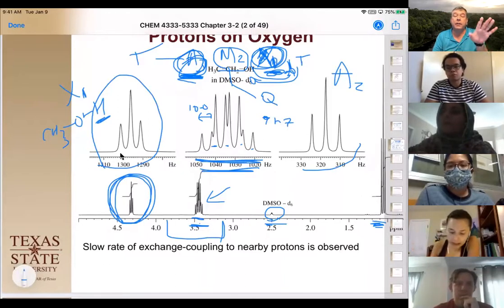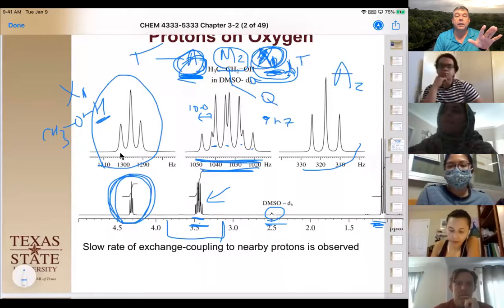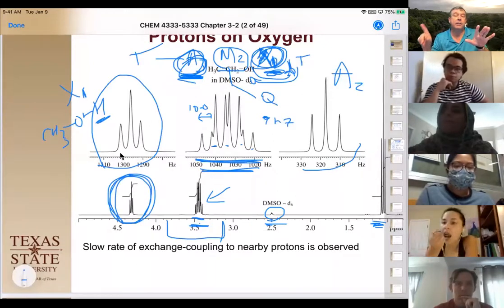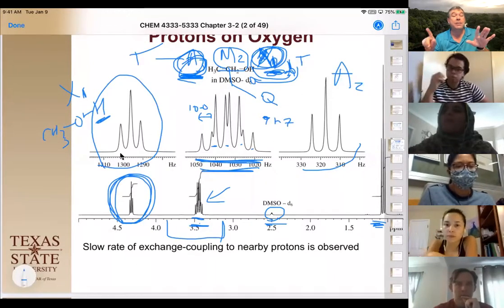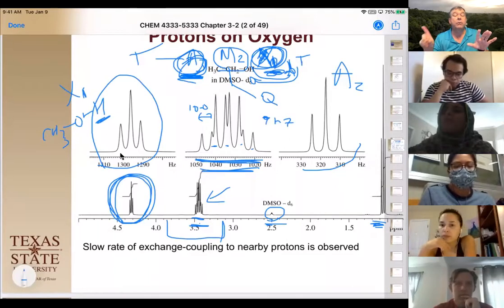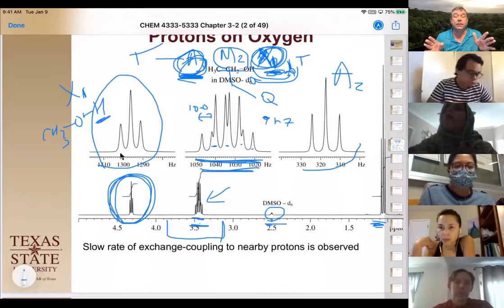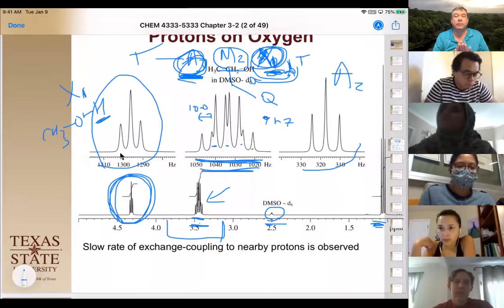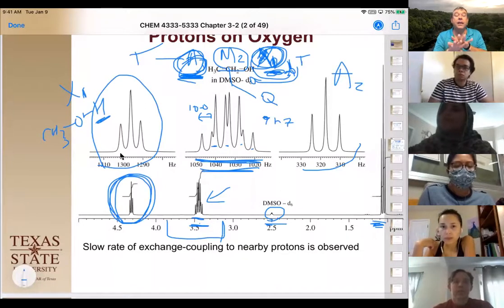However, the coupling constant for the hydrogens on the carbon is between 10 and 15 hertz. The coupling constant for the hydrogen on that oxygen can be between 7 and 30 hertz. Therefore, it's different. And therefore, instead of getting that perfect pentet of having 4 adjacent hydrogens, we don't get a perfect pentet because we have different coupling constants. Okay?